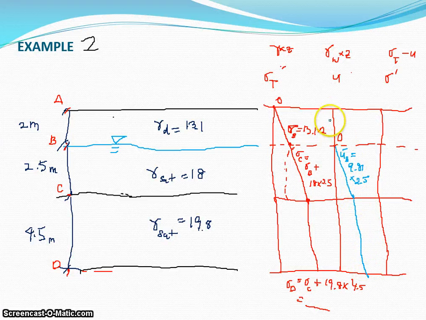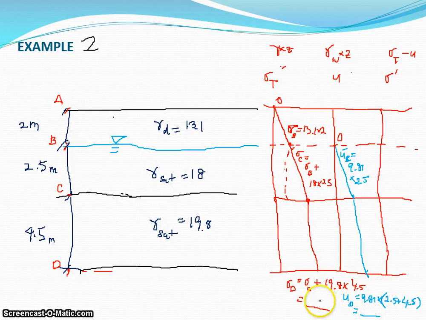This is u at C. How about the pore pressure at D? u sub D equals 9.81 times 2.5 plus 4.5. Okay, that's the answer.